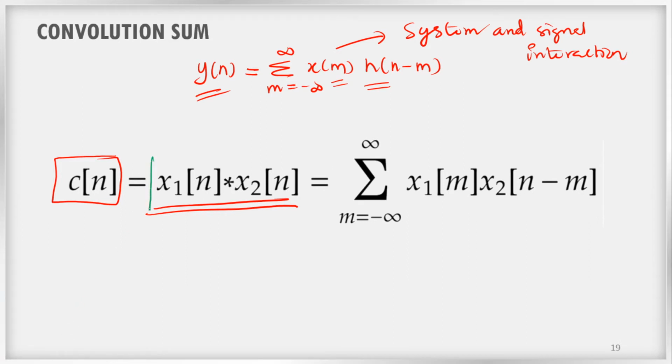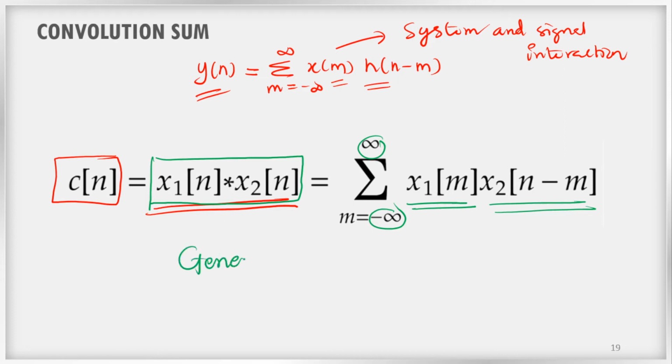They will generally say that any two signals x1 of n and x2 of n will be convolved this way: summation over m from minus infinity to plus infinity of x1 of m into x2 of n minus m. Right. So this is the general equation of convolution sum.